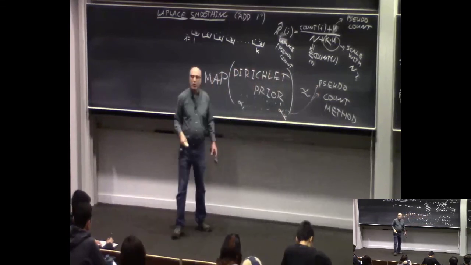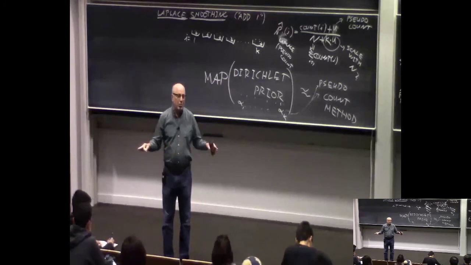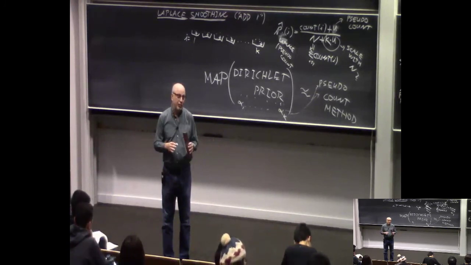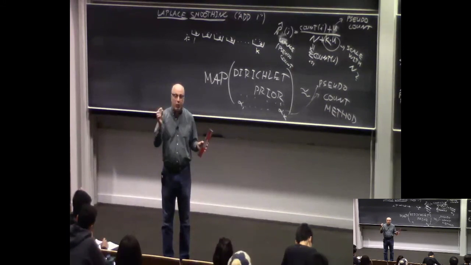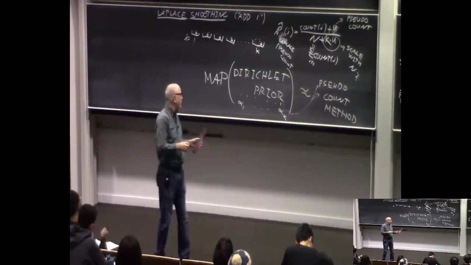If they were all 1, this corresponds to a prior that prefers uniform, but not by much. If they were all 100, this corresponds to a prior that prefers uniform by a lot. Now we're talking about a prior over all multinomials. So the uniform distribution is 1 point in that space. This is a prior over multinomials.